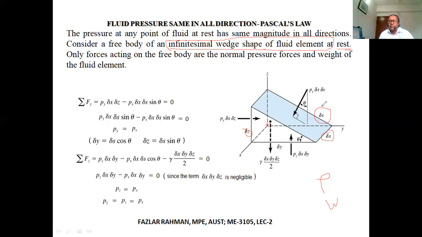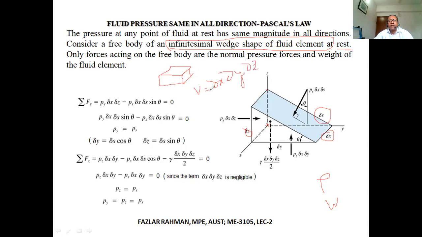Now, this fluid element will have weight. How will we figure out the weight of the fluid element? It will always work downward, right? If it is a kind of brick, then half of the brick is what we are talking about, this half. So what is the volume of the whole brick? Volume of the whole brick is delta x, delta y, delta z.